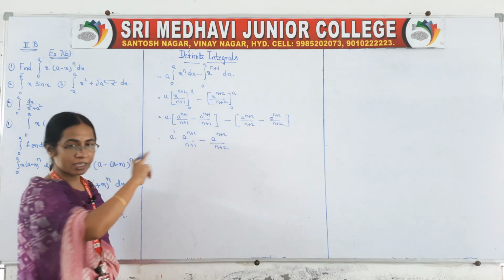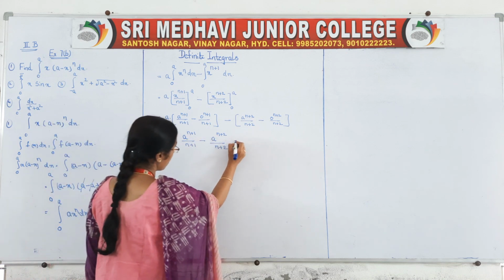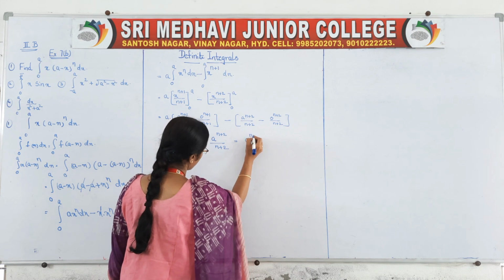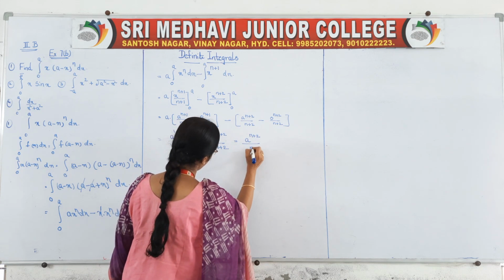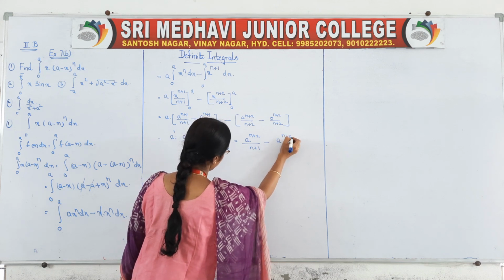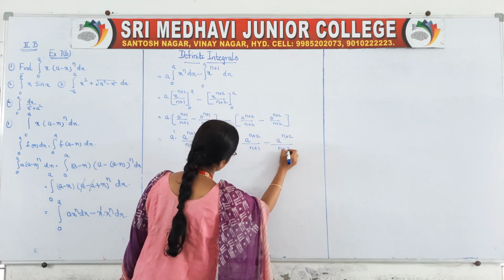Again, in a product if the bases are the same, the powers should be added: a to the power of 1 plus n plus 1, that is n plus 2, by n plus 1 minus a to the power of n plus 2 by n plus 2.